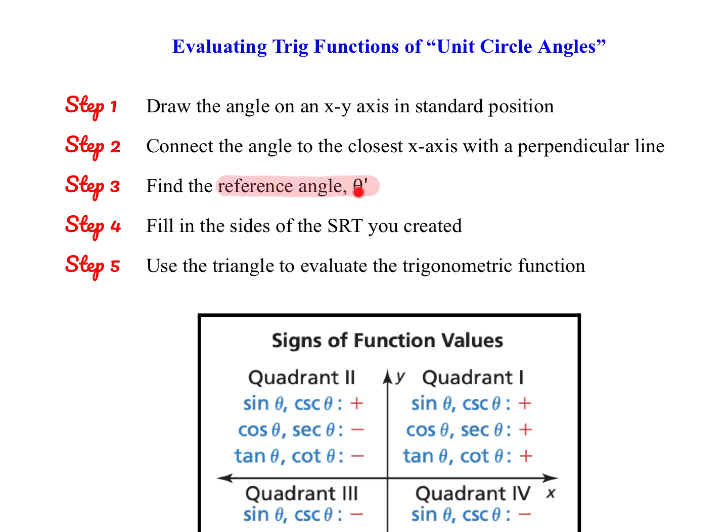Once we have our reference angle, this time we're actually going to need to figure out what that angle is. It's either going to be 30 degrees, 45 degrees, or 60 degrees, which means we've just created a special right triangle. So we're going to use that special right triangle, fill in the sides, and then simply use SOHCAHTOA to help us evaluate.